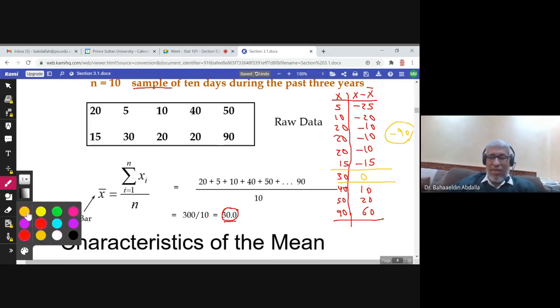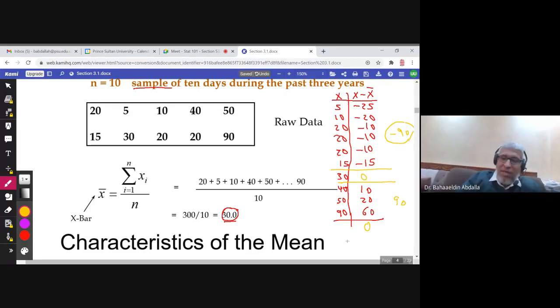If you add these 3 deviations, it would be 90. And now when you add negative 90 plus 90, you get 0. So summation of x minus x bar is 0.